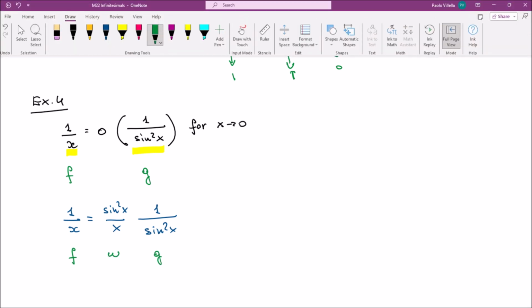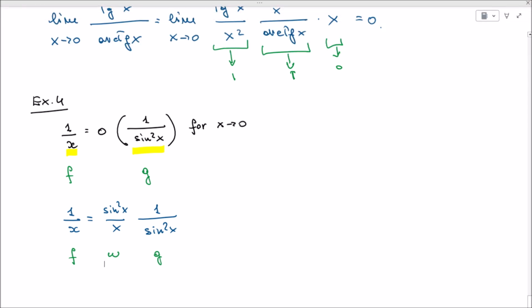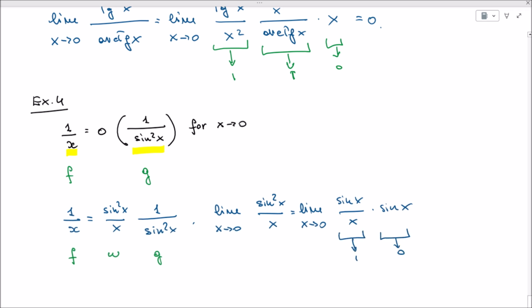The only thing that remains to be checked is that the limit as x goes to 0 of omega, which is sine square of x divided by x, is equal to 0. But this is easy, because this is just the limit as x goes to 0 of sine of x divided by x, all times sine of x. And we see that this tends to 1, this tends to 0, so yes, this limit is indeed equal to 0, which finally proves what we were looking for.